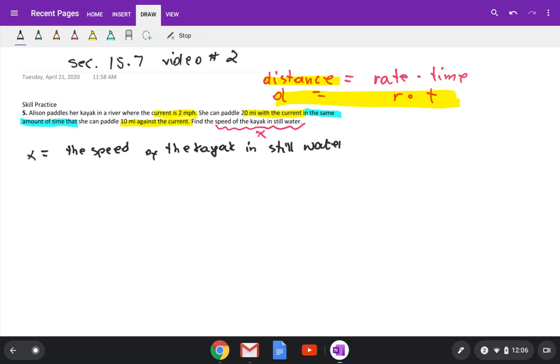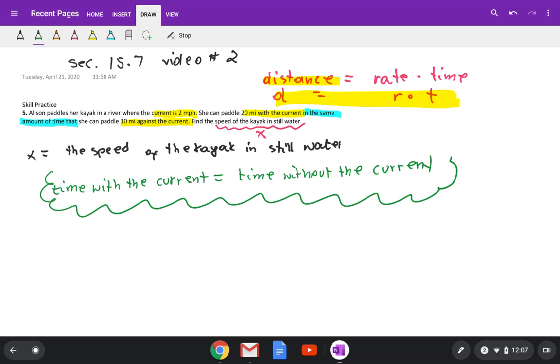So I want you to know this very important information: the time with the current is the same as the time without the current. That's going to be our equation which we're going to set up. Time with the current is equal to time without the current.